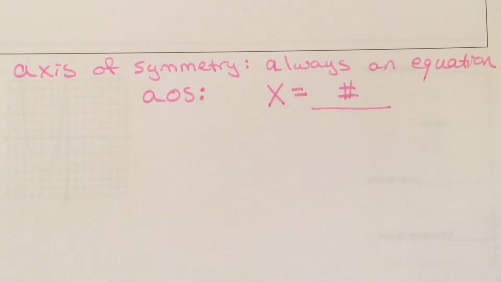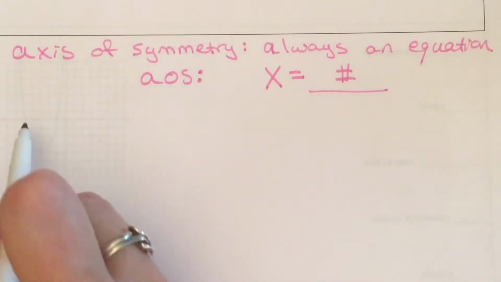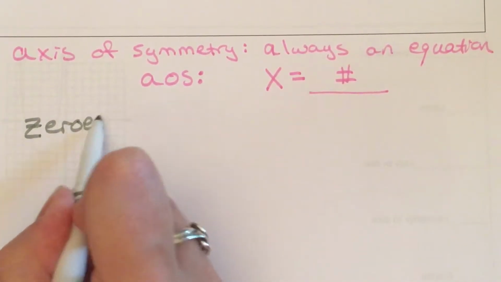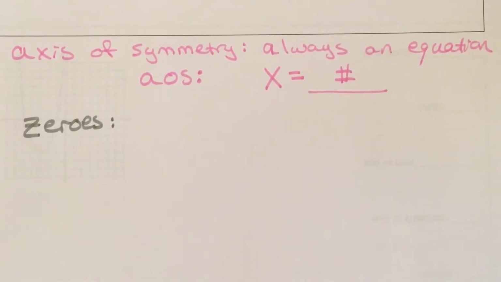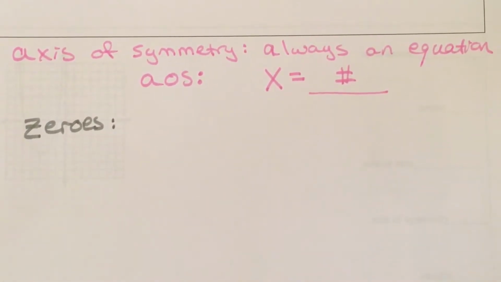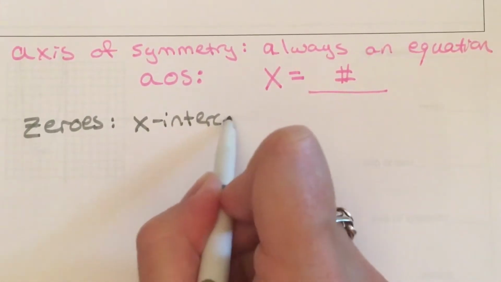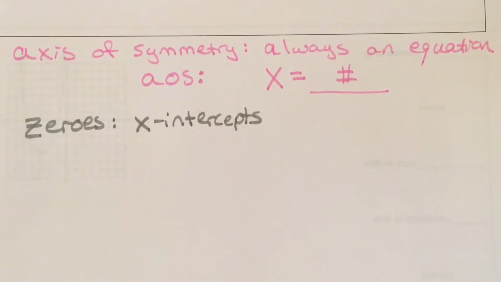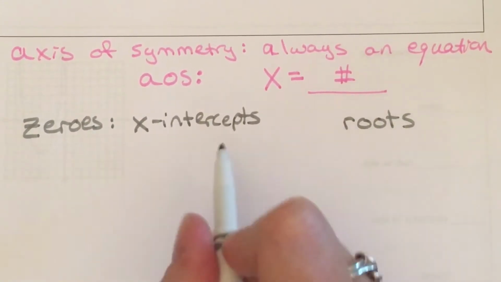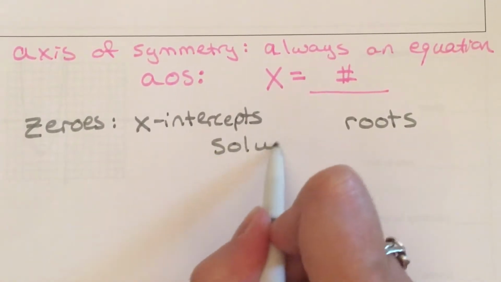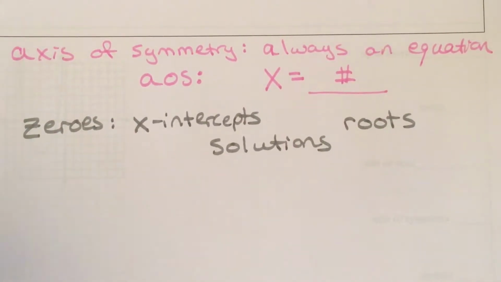All right, the second thing that we need to clarify is the word zeros. Zeros is one of 4 names for the exact same thing. Zeros, x-intercepts, roots, and solutions mean the exact same thing.